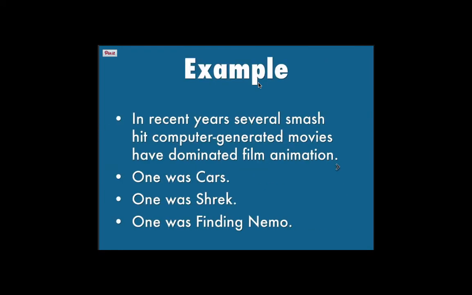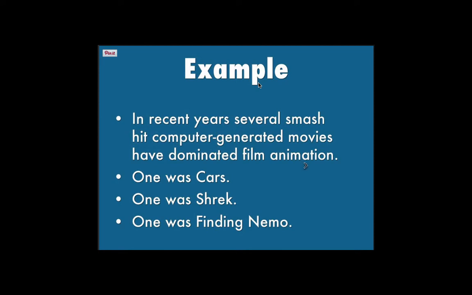An example, and I took these right from your book: in recent years several smash hit computer-generated movies have dominated film animation. One was Cars, one was Shrek, one was Finding Nemo. Now the Cars, Shrek, and Finding Nemo are renaming, adding information about film animation.